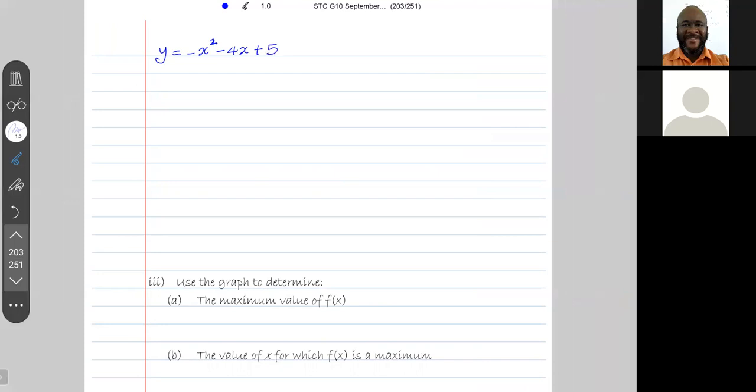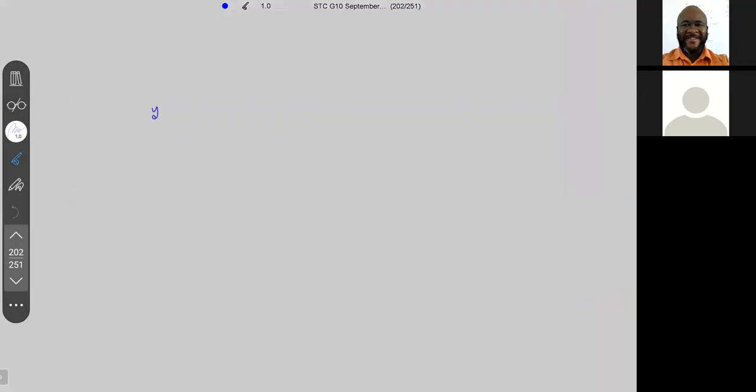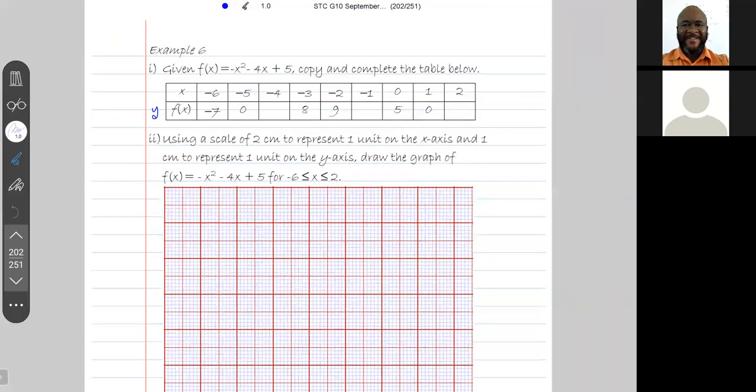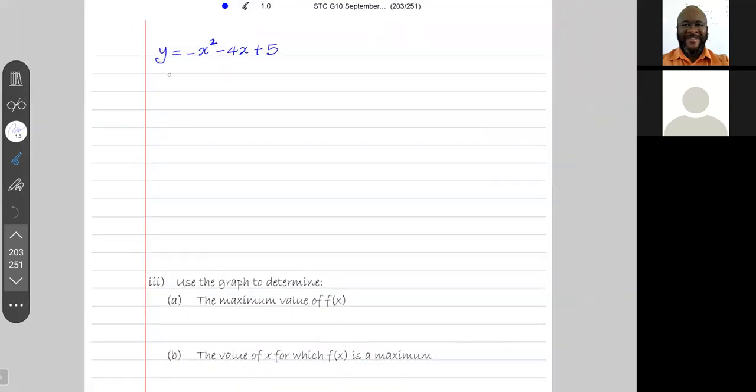Now, the values of y when x is equal to minus 4, minus 1, and 2 are missing. So I'm going to say when x is equal to minus 4.